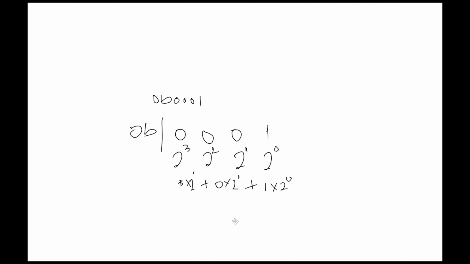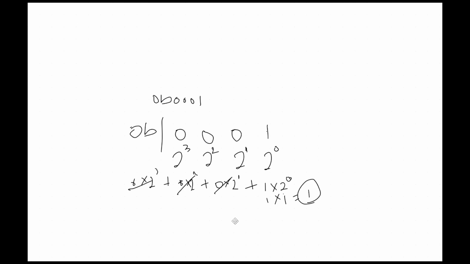Of course, anything that is multiplied by 0 goes away. And then we are left with 1 times 2 to the power of 0. 2 to the power of 0 is 1. So we have 1 times 1, which is what? 1. Now this is how we got the 1 that our Python also assigns to the variable flag active.